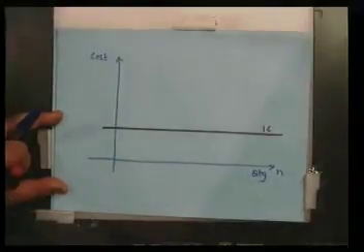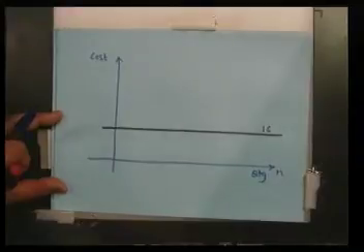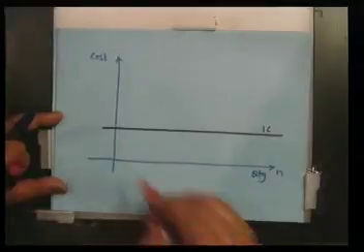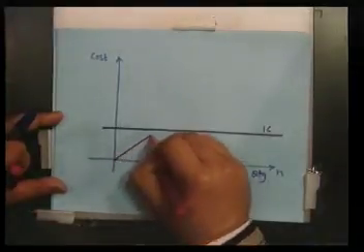Now, I will try to plot the direct cost line. If I am not producing anything, my cost would be 0. If I am producing 1 unit, my cost would be x. If I am producing 2 units, my cost is going to be 2x. So, it will be a line something like this.